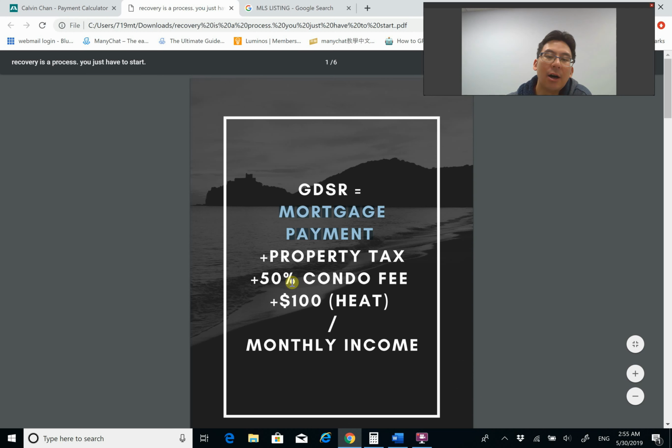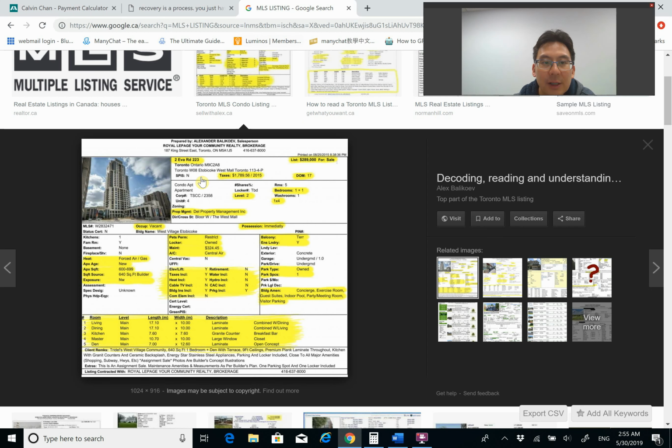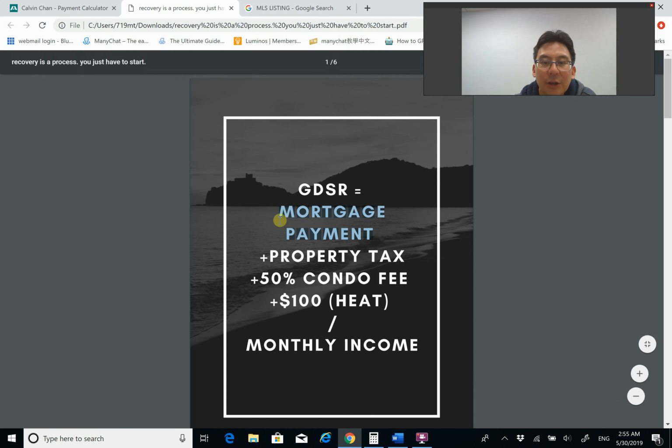So if it is a condo, either a condo townhouse or a condo apartment, there's a condo fee. For example, this is a condo apartment. Where you find the condo fee, this is the condo fee. MAINT is the maintenance fee, so it is the same as condo fee. You basically use half of the condo fee.